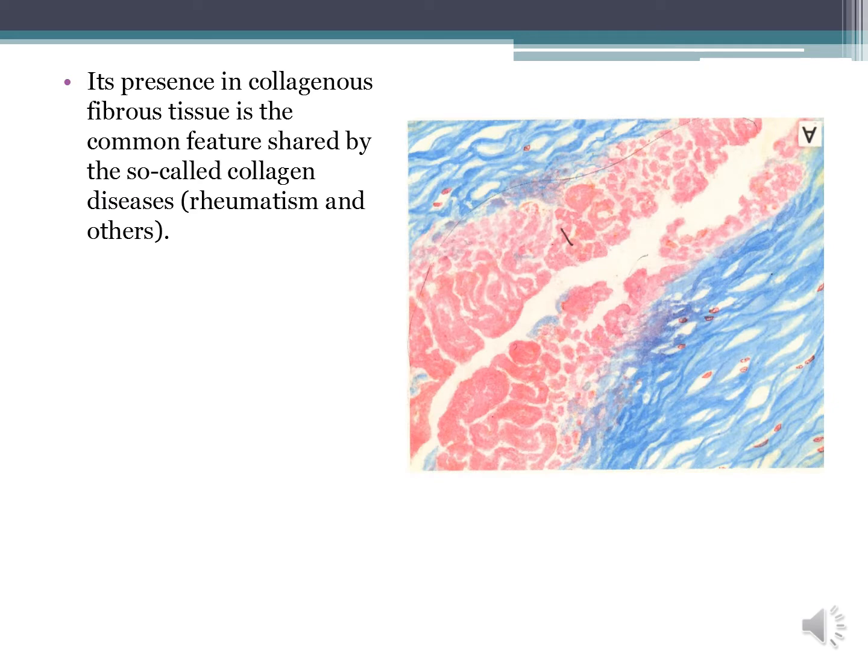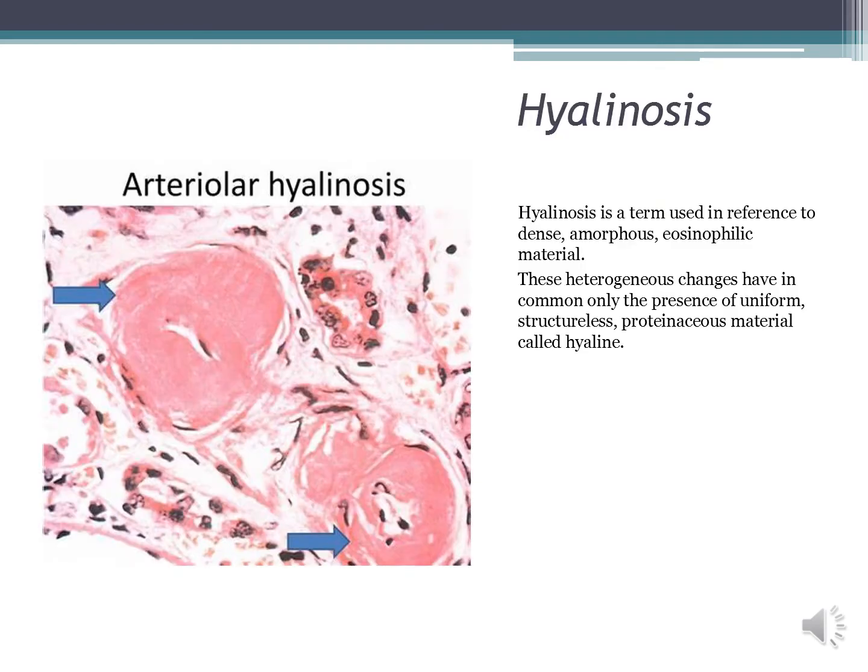The presence of fibrin in collagenous fibrous tissue is a common feature shared by so-called collagen diseases, fibrinoid changes. Here, this is the area of fibrinoid changes. It's quite common to collagen diseases like rheumatic diseases, including rheumatism, various kinds of vasculitis, and so on.